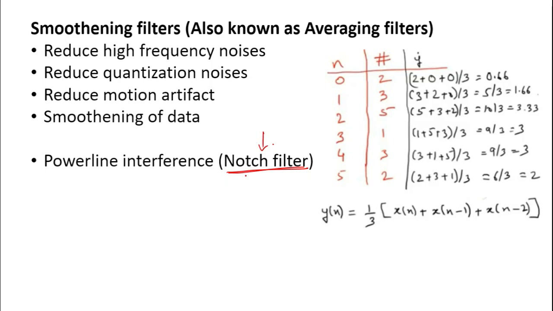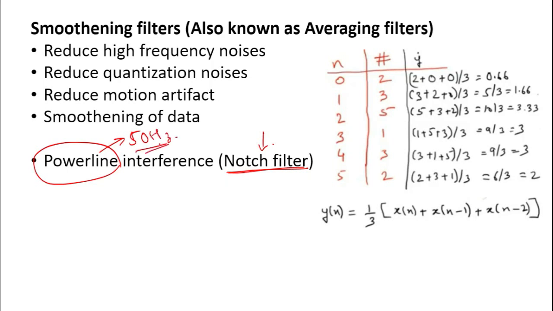Yeah, so notch filter helps us in eliminating a very narrow band of frequencies. Okay, so when we talk about the power line frequency in India, the power line frequency is 50 hertz.